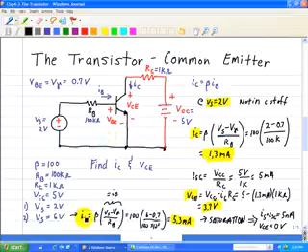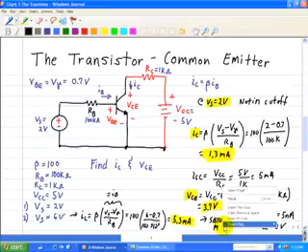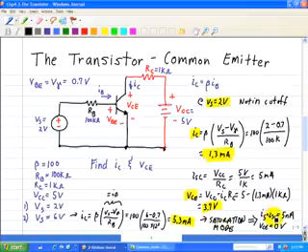However, IC, according to these calculations, exceeded the short circuit current of 5 milliamps, as we calculated 5.3 milliamps for Vs equal to 6 volts. That implies it's in saturation mode, which implies that IC is equal to ISC, the short circuit current, equal to 5 milliamps, and that VCE is equal to 0 volts.